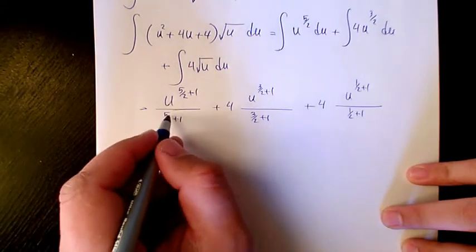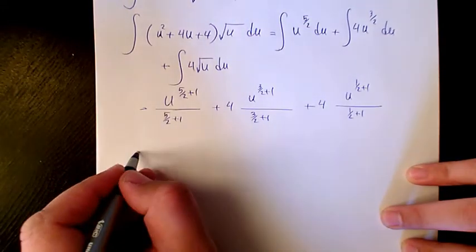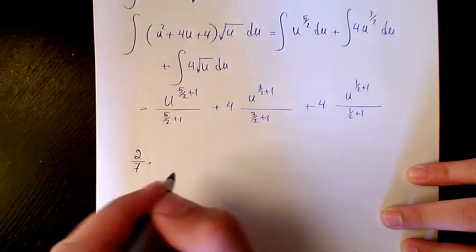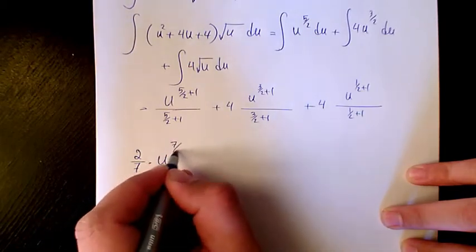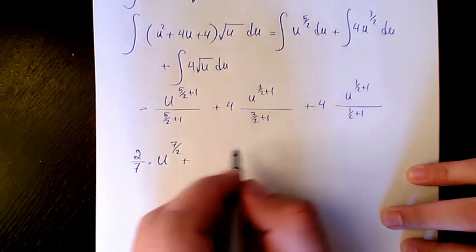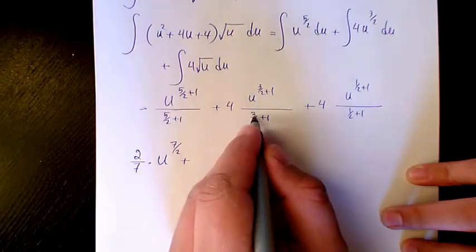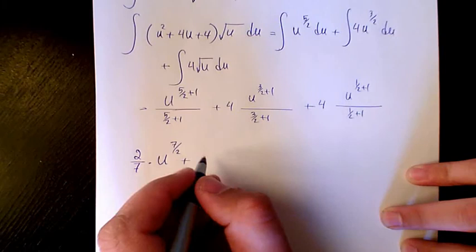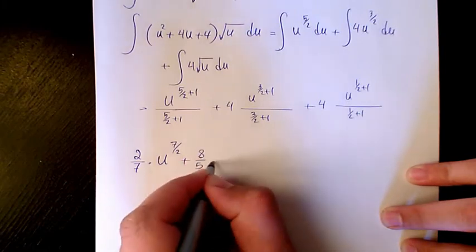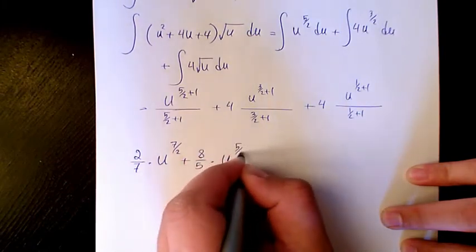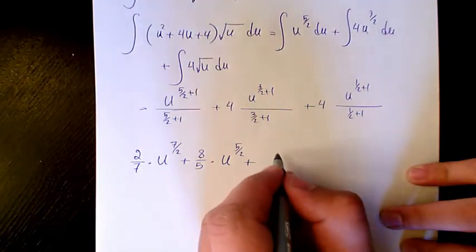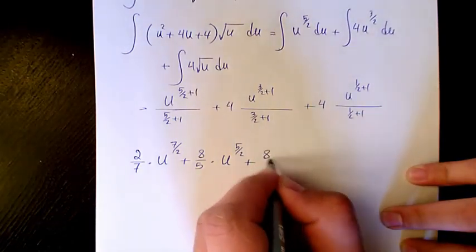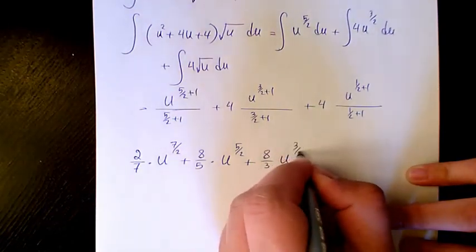So that's going to be 2 over 7 u to the power of 7 over 2, plus 2 over 5 times 4, which is 8 over 5, u to the power of 5 over 2, plus 8 over 3 u to the power of 3 over 2 plus c.